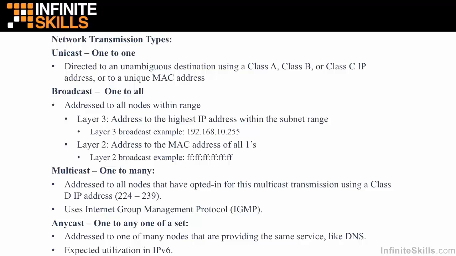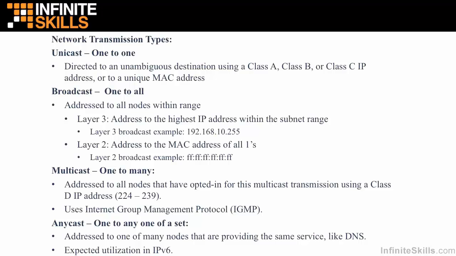So a broadcast is typically sent from one node, the transmitter or the sender, to all the nodes within a specified range. And that range is defined typically by the layer 3 address or the layer 2 address that is supplied in the outbound broadcast.